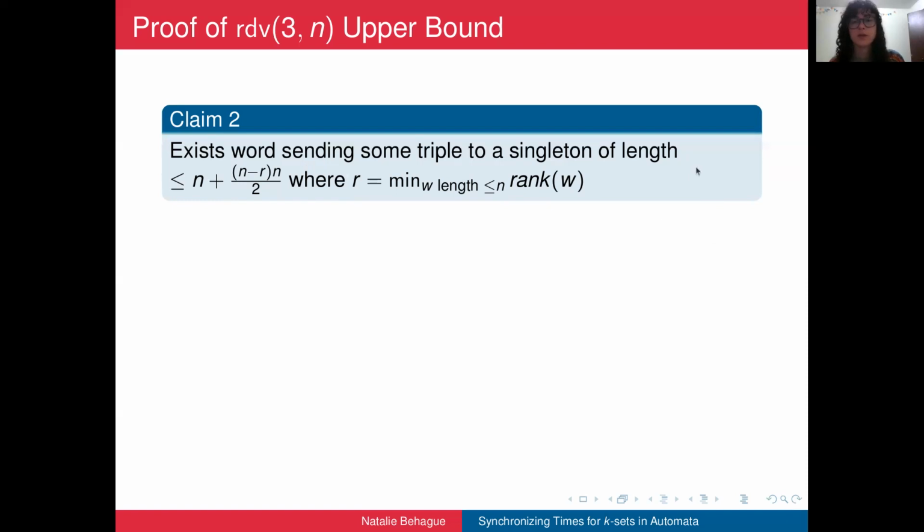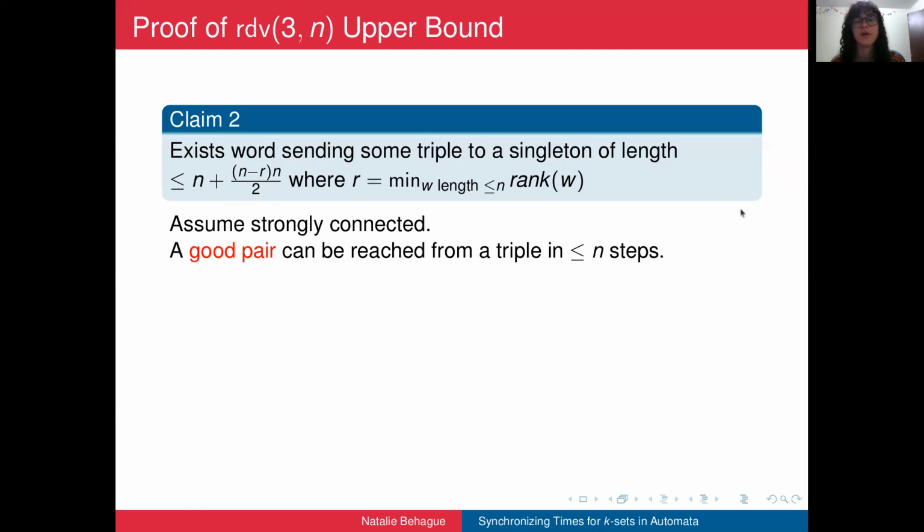Okay, so how are we going to use this? Here we're thinking of R being quite big, and we know that every word of length at most n has quite big rank, has quite a lot of states in its image. So first of all, a slightly technical condition. We assume that the automaton is strongly connected, so that just means that for every state x and every state y, there is some word that sends x to y.